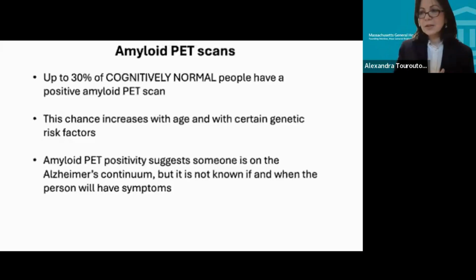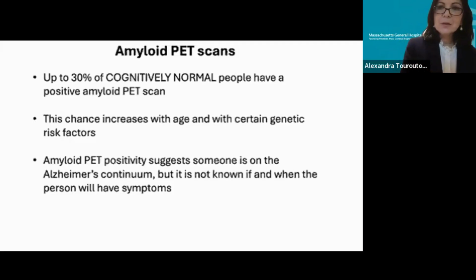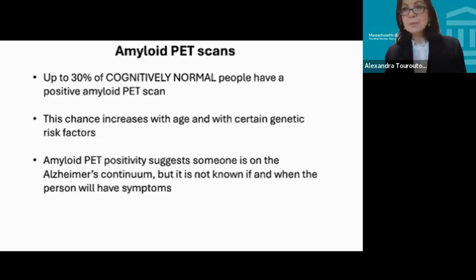And this is because there are multiple factors that play into resilience. And that's what we are studying in our research now, to understand what factors make some people have amyloid pathology in their brain but not develop Alzheimer's disease and memory symptoms, whereas other people have amyloid pathology and develop symptoms.